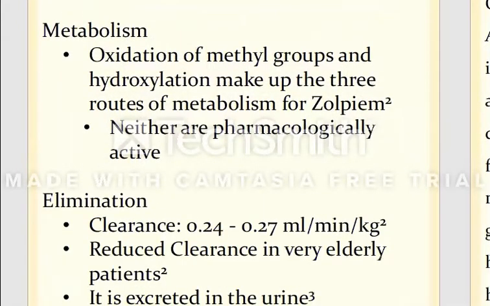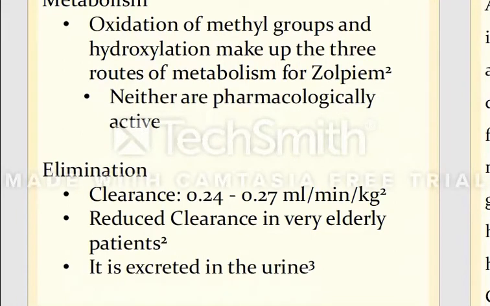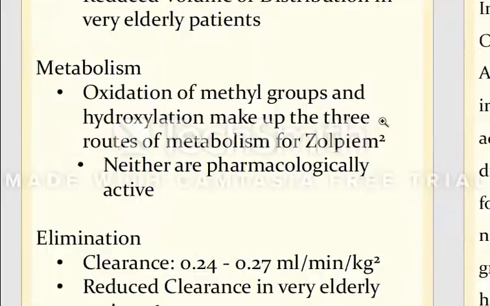For metabolism, there are three routes of metabolism for Zolpidem, and they are either oxidation of methyl groups or hydroxylation. Moving on to elimination, there is a clearance of about 0.24 to 0.27 milliliters per minute per kilogram. Once again, there is a reduced clearance in very elderly patients, and we know that it is excreted in the urine.